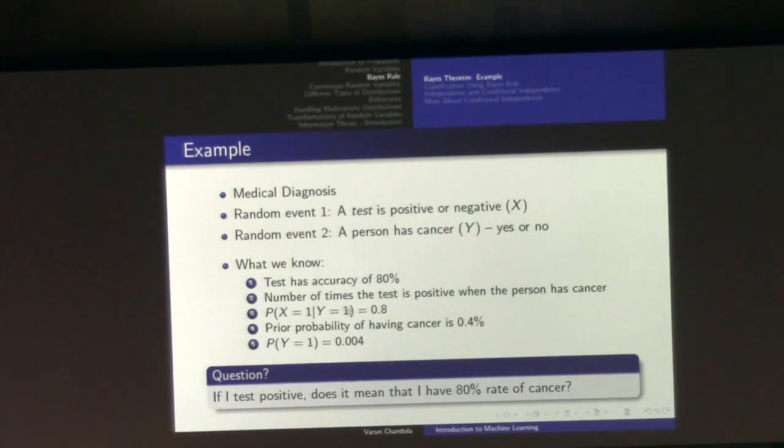So that is the accuracy of this test. If it's a good test, accuracy will be very high. If not, it will be low. The probability of the test being negative given that the person has cancer will be 0.2, right? P of x equal to 0 given y equal to 1 is 0.2 because those are the only two possibilities. So that's easy. Let's say you're also given this.